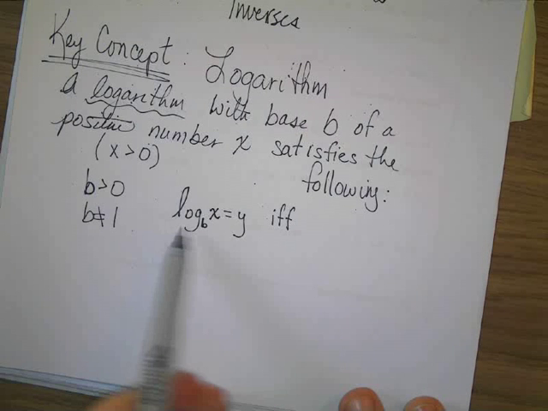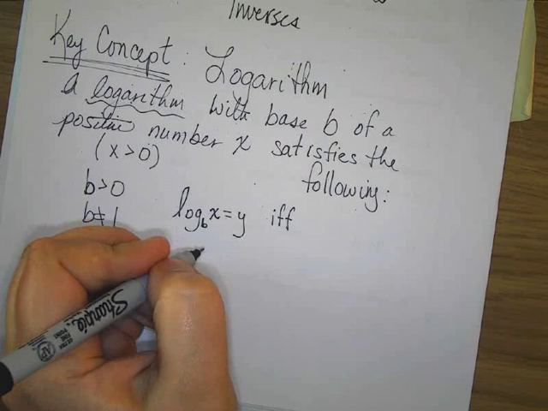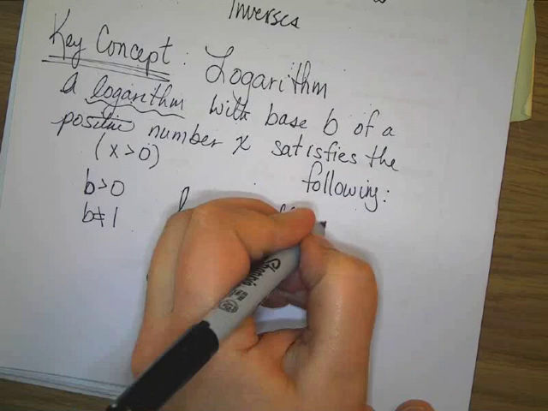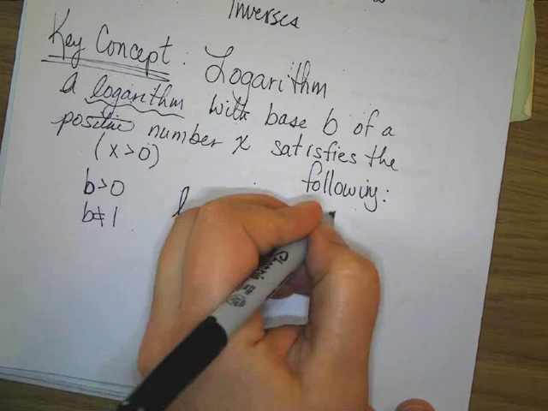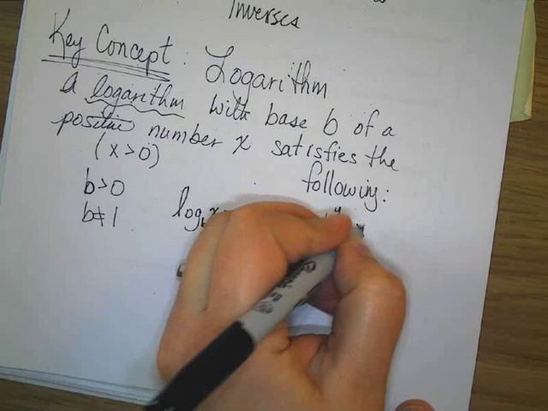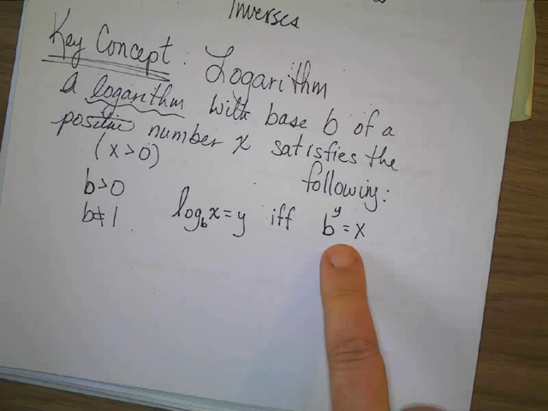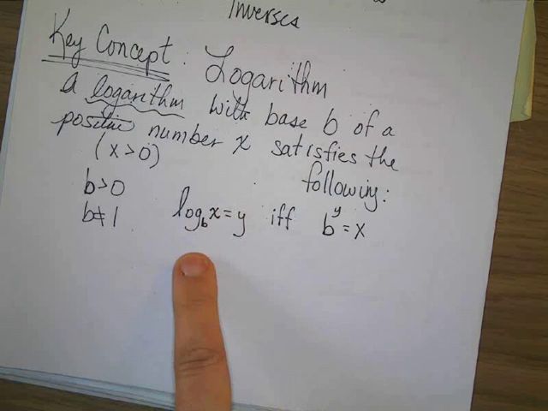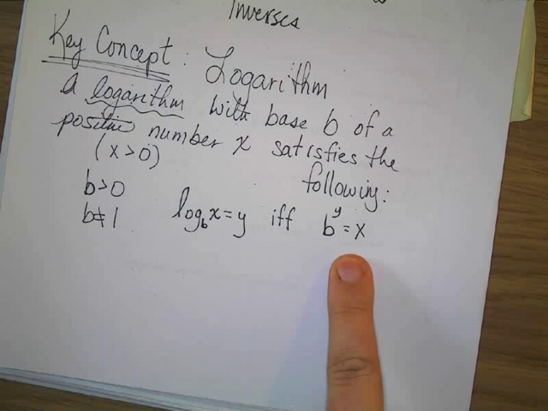So this is true if and only if we can change it. So what's the base of the log? b. So that means we can change it to exponential with the base b. So you go b to the y equals x. So we can travel both directions here. If I gave you something that looks like this, you can rewrite it like this. If I gave you something that looks like this, we can rewrite it to make it look like this. So they move.